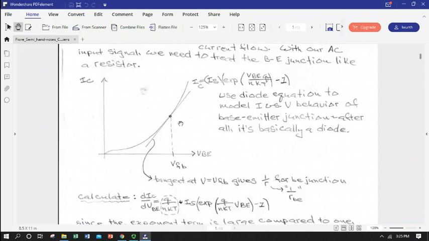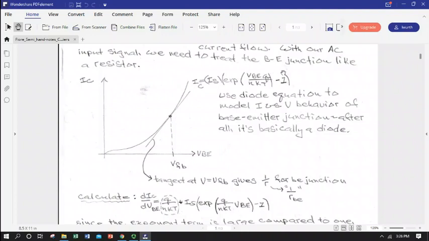And to get the value of that resistance, we have to go way back to our diode equation. So this is our diode equation telling us what the voltage drop over our diode is versus the input voltage, and in this case, because that voltage drop is over our base emitter junction and the current flowing across that junction is actually our collector current, we're going to represent it as the base emitter voltage drop versus the collector current in terms of what we're going to use in our amplifier.